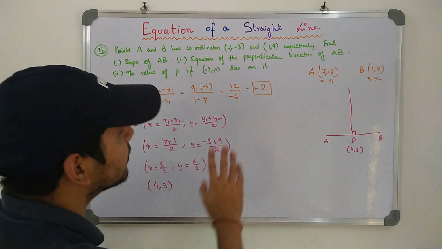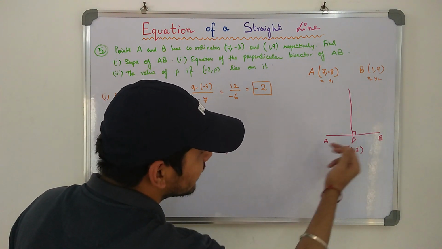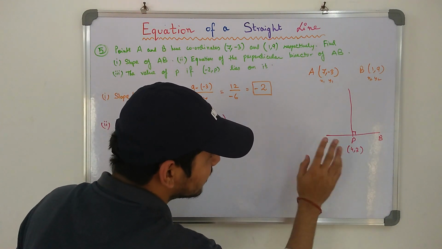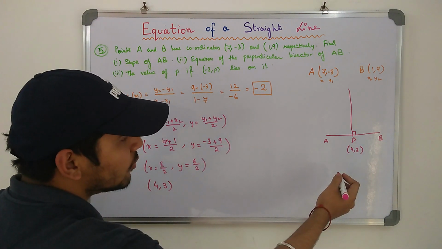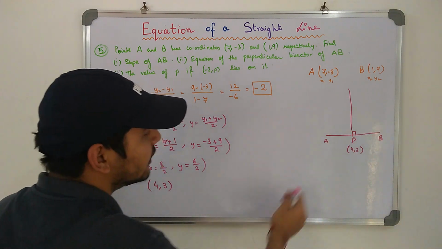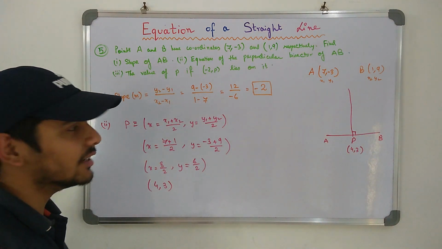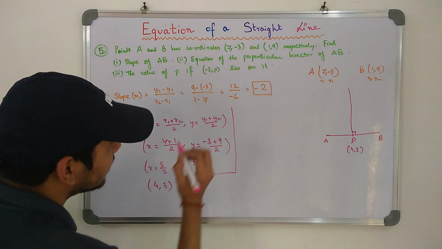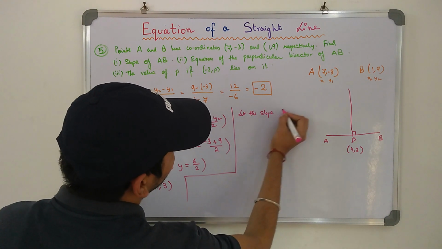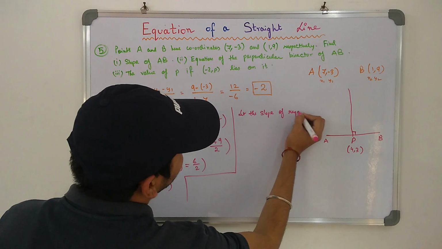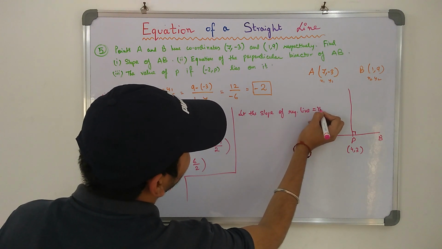Now as I told you, the perpendicular bisector will be perpendicular to AB and it will pass through the point P, the midpoint. Now we have the slope of AB. The slope of the perpendicular line will satisfy m into m1 is equal to minus 1. So let's do that. Let the slope of the required line be m1.